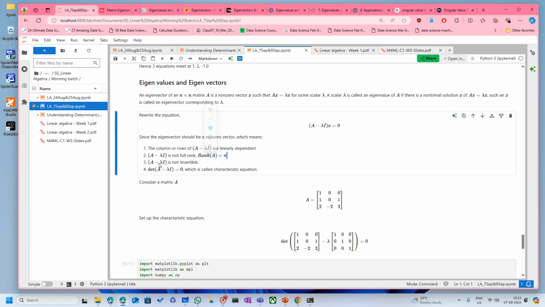A minus lambda I is not invertible, meaning you don't have an inverse matrix for it, and the determinant of A minus lambda I should be 0. So these are some characteristics of eigenvectors and eigenvalues.